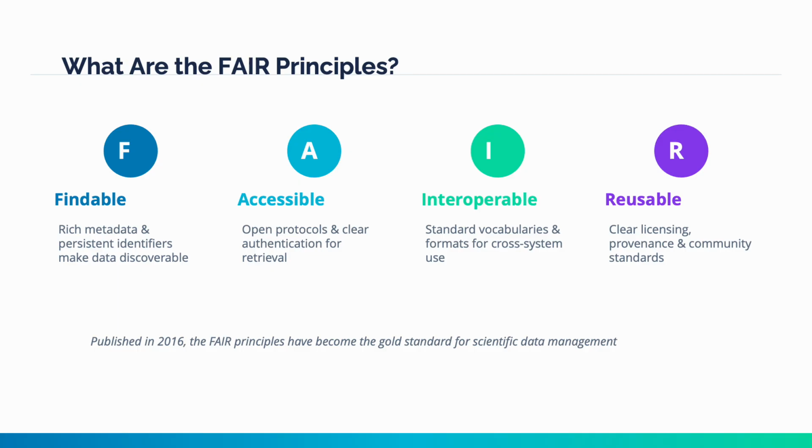Accessible means there are clear, open protocols for retrieving the data, including authentication when needed. Interoperable means your data uses standard vocabularies and formats so it can work across different systems and tools. And reusable means your data comes with clear licensing, provenance information, and meets community standards so others can confidently build on your work.